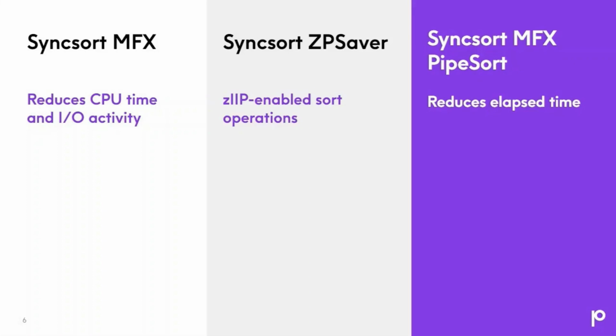And then MFX Pipe Sort will help you simultaneously execute differently sequenced sorts from a single pass of the input data. As you can imagine, using parallel sorting technology can cut your total elapsed time by more than 50% compared to running regular sort output.